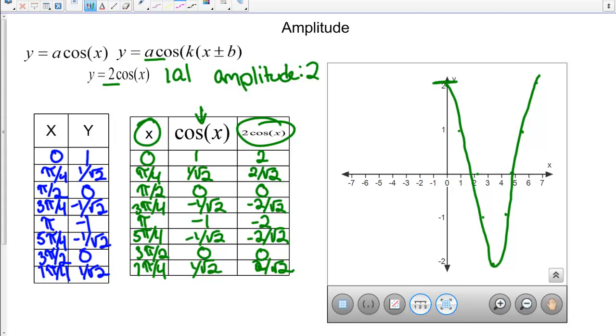And notice that the maximum value is 2 and the minimum value is negative 2.